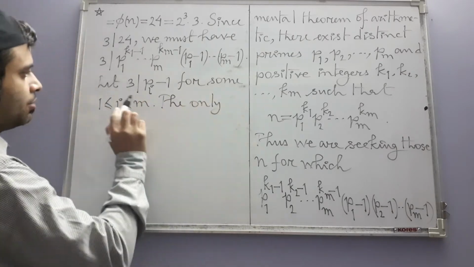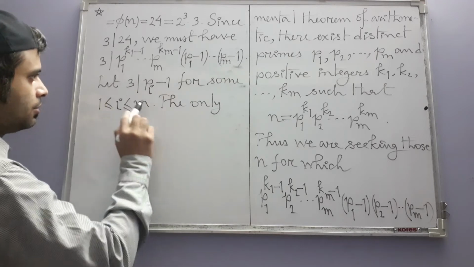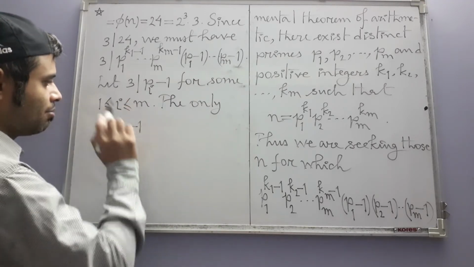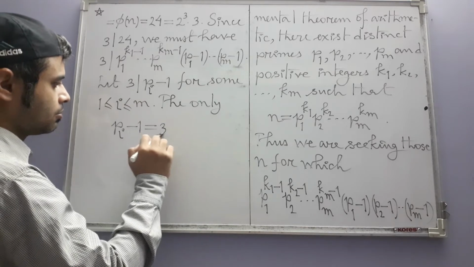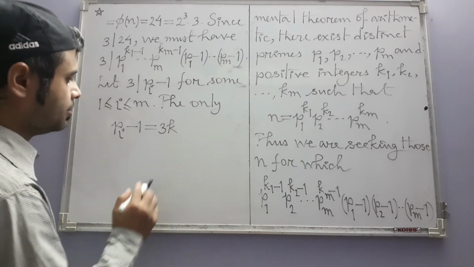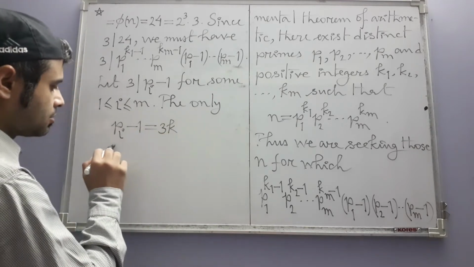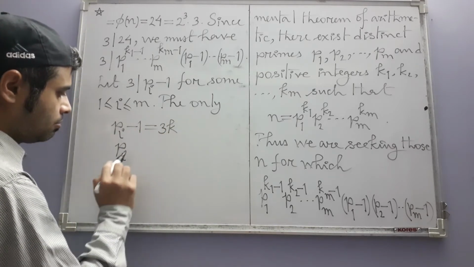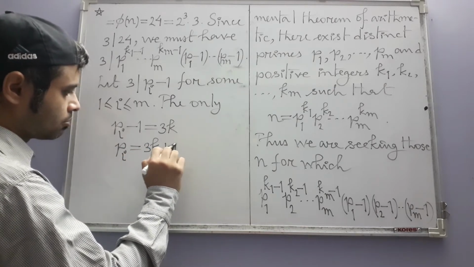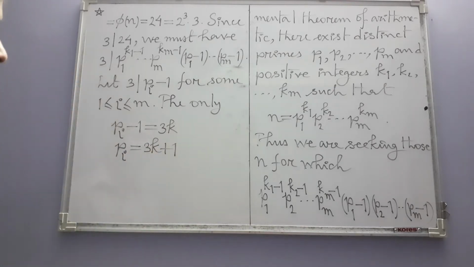Okay. Now, by the way, what does this mean? It means that pi minus 1 is a multiple of 3. That means it looks like this for some integer k. That means pi should look like this. pi should itself be of the form 3k plus 1 then.